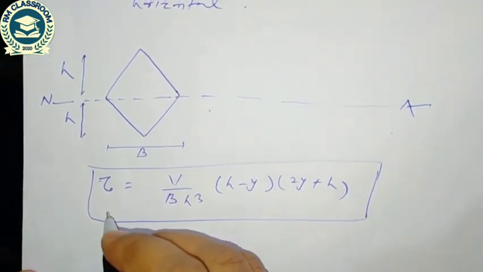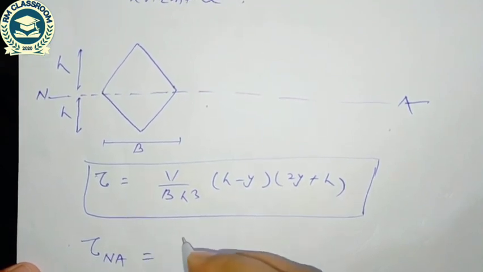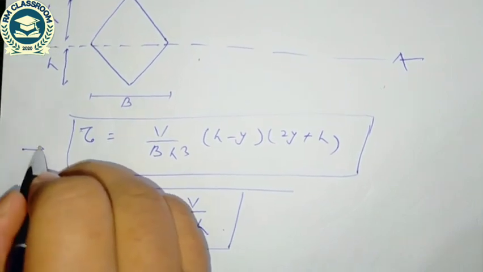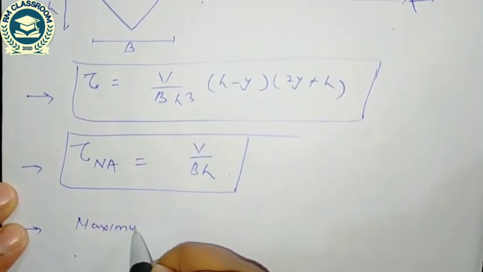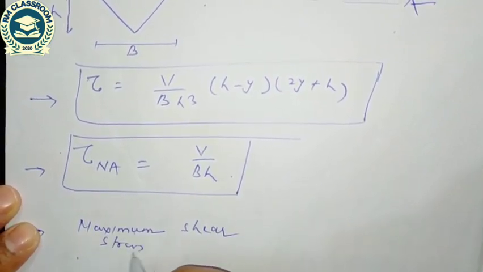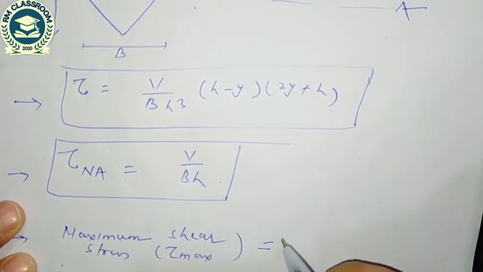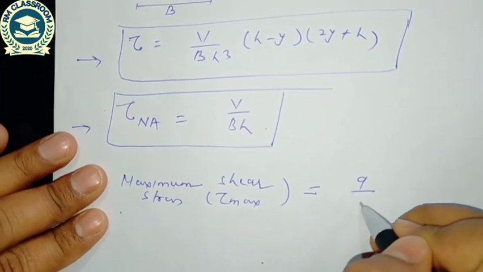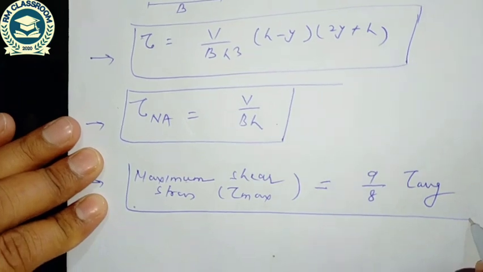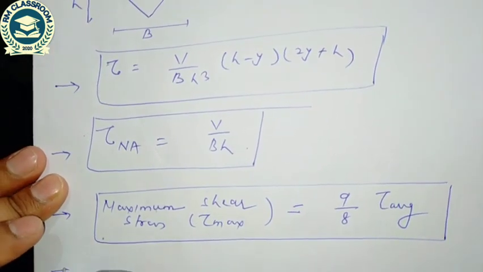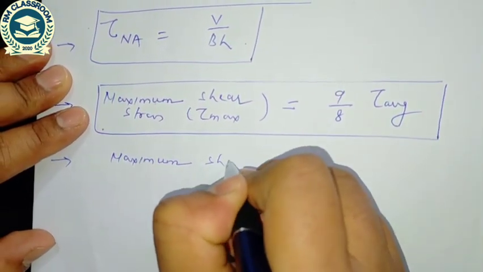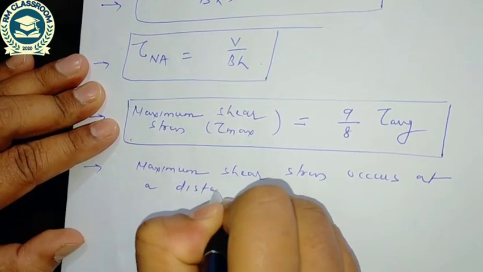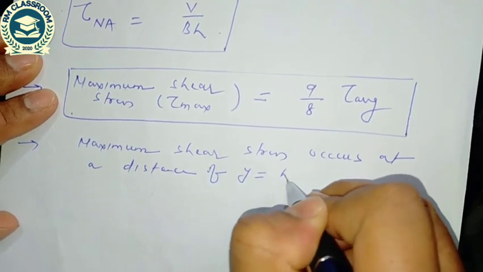Similarly, shear stress at the neutral axis is coming V by B into H, and the maximum shear stress, tau max, is coming at a distance of h by 4, and the expression of maximum shear stress is 9 by 8 times average shear stress. 9 by 8 times average shear stress, and maximum shear stress occurs at a distance of y is equal to h by 4.